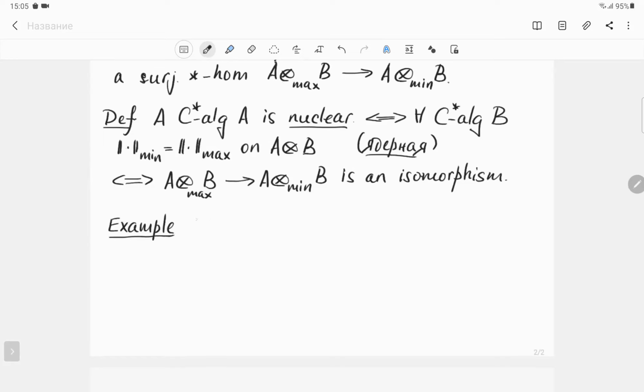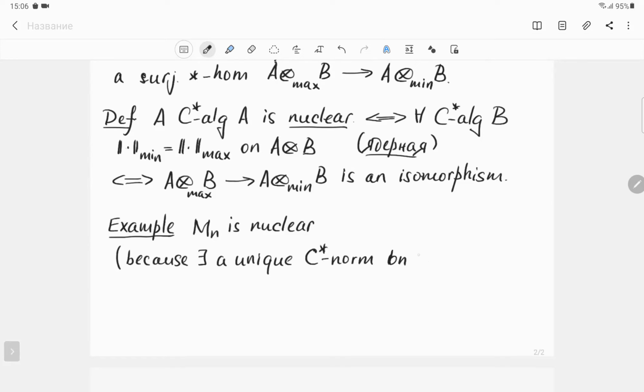We know that the matrix algebra, the algebra of square n by n matrices, is nuclear, because we proved some time ago that for each C-star algebra B, there is a unique C-star norm on the tensor product of M_n and B. So the matrix algebra is nuclear.